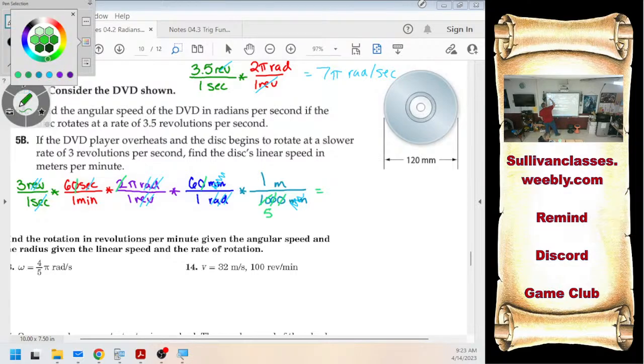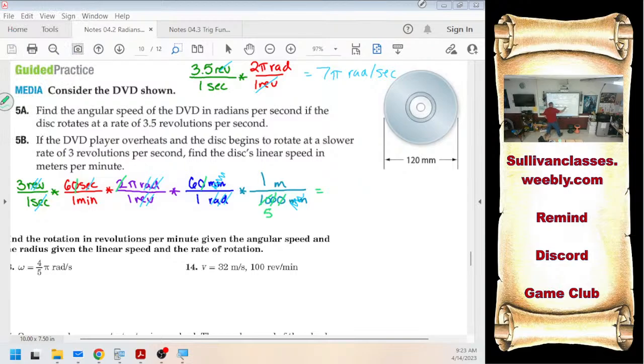I'm thinking the next one, 36 by 4... 108 pi over 5. Oh, and then actually write your meters per minute. Now, again, this might be the actual accurate answer. Not many people are going to get that. So next to it, I will say, is approximately 67 meters.